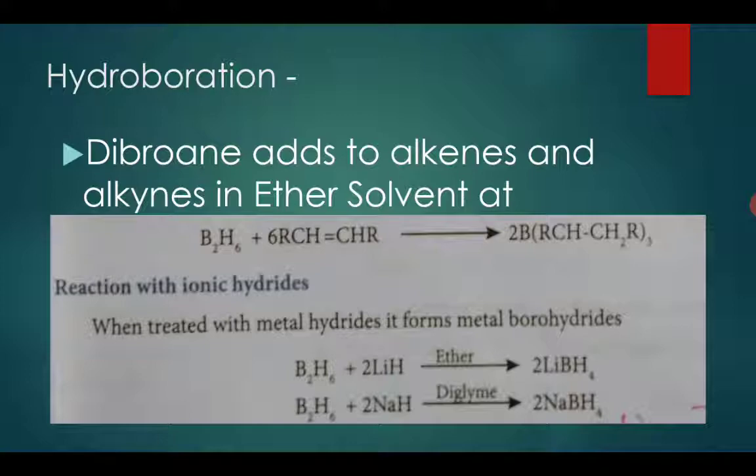In the first case, B2H6 plus 2LiH in the presence of ether gives 2LiBH4, lithium borohydride. The next reaction, B2H6 plus 2NaH in the presence of diglyme, gives 2NaBH4, that is sodium borohydride.